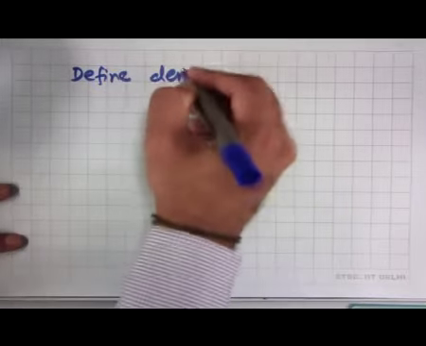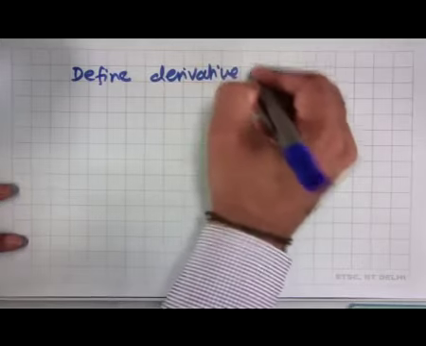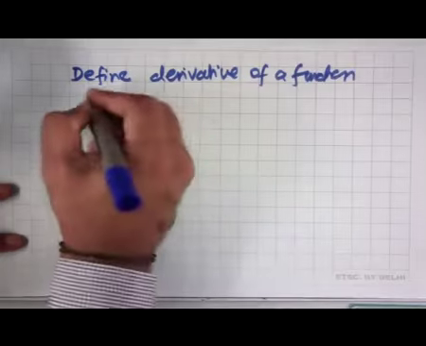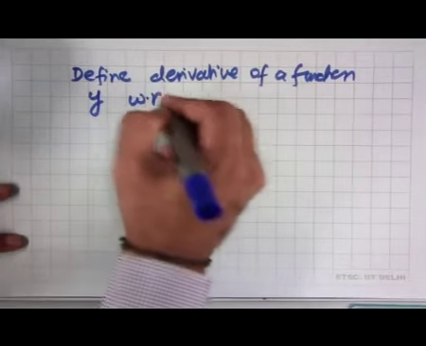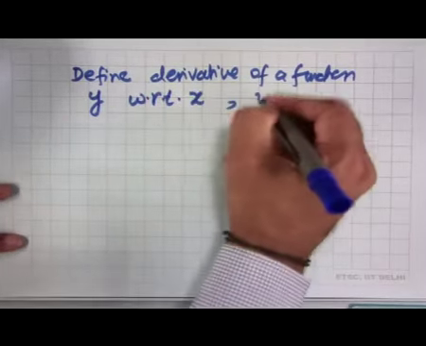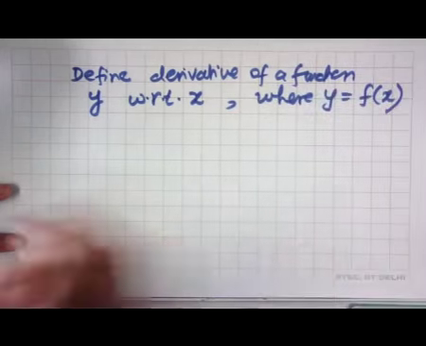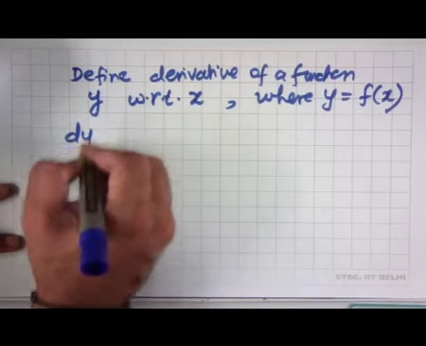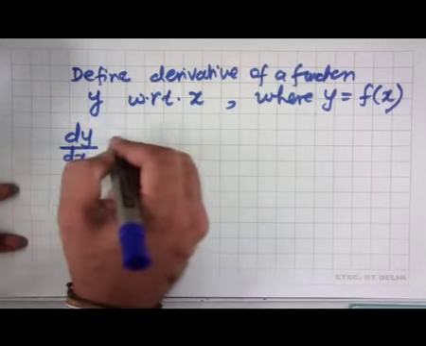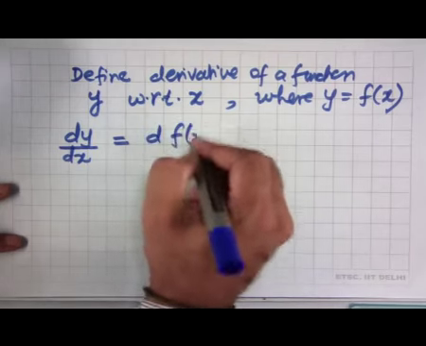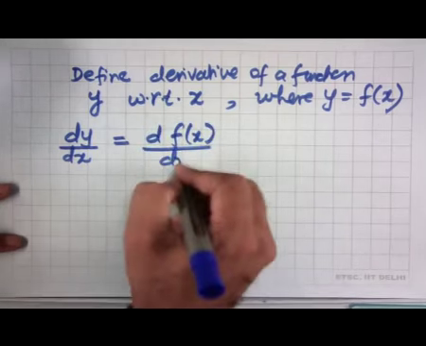So, now what we do is we define the derivative of a function y with respect to x, where y is equal to f of x. This is defined as, we use the symbol dy by dx, and we write it as the derivative of f of x with respect to x.